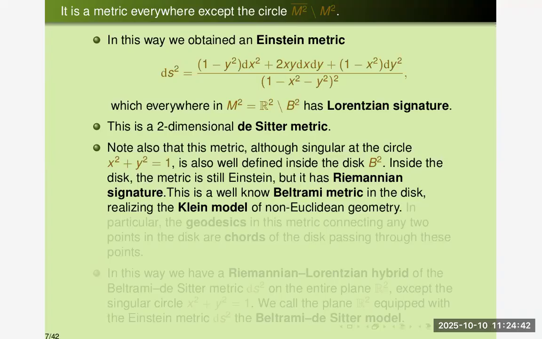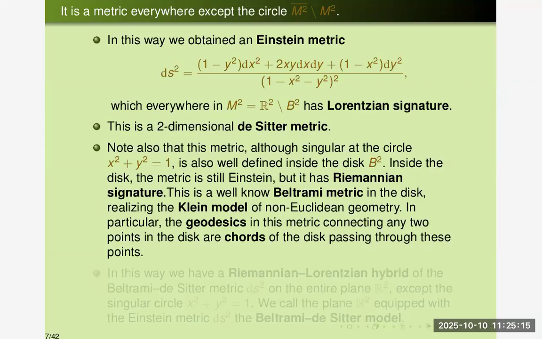Here, in this metric, the geodesics are chords of the disk. So if you have 2 points in the disk, the geodesic passing through these 2 points is just a straight line, a chord of the disk. So it's yet another model of non-Euclidean geometry, complementary to the one given by the Poincaré model.